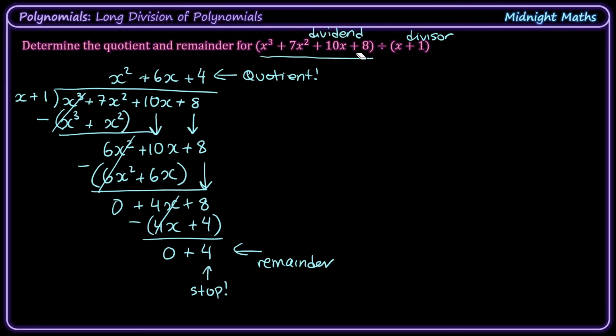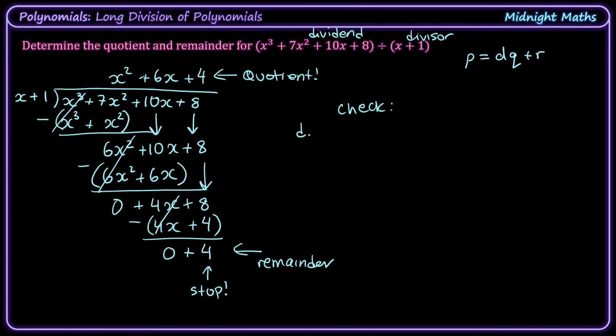Okay? I'm going to show you how you can check your working, and at the same time it should hopefully give you a bit more intuition about what's happening. So when we did this same problem with numbers, we had this expression, which is that the dividend is the same as the divisor times the quotient plus the remainder. If we write this out with our polynomial, we should get the same thing.